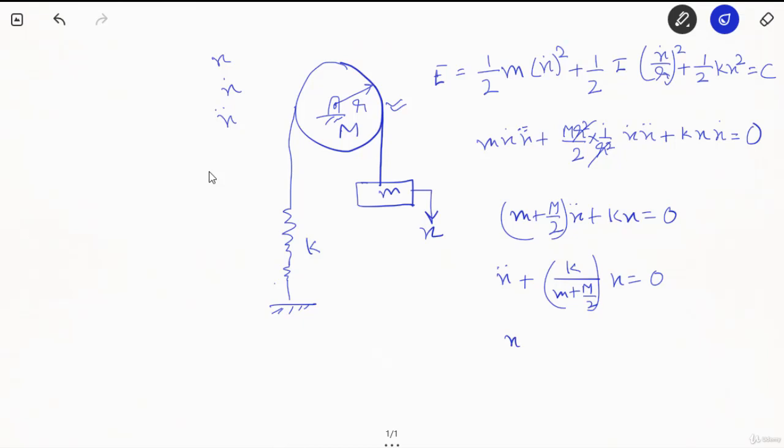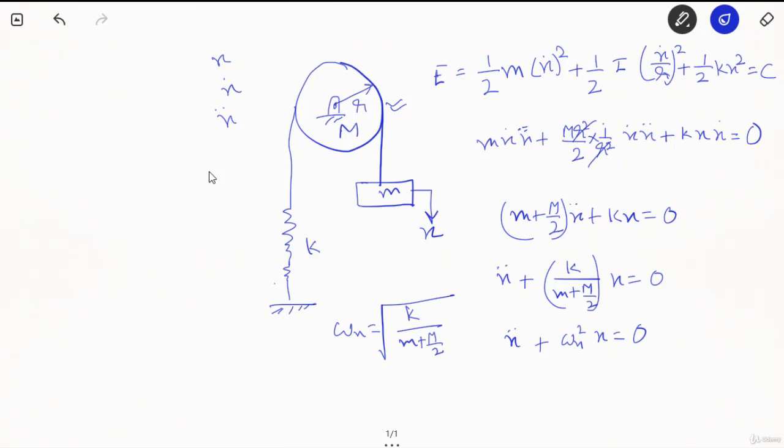Again, comparing with the standard equation, which is x double dot plus omega n square x equal to 0, we will get here omega n equal to the square root of k upon m plus M by 2. This is our natural frequency, right?